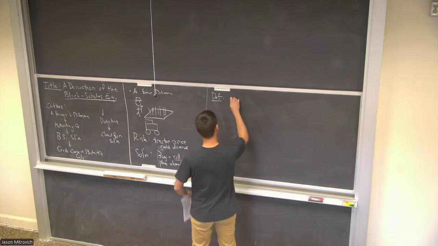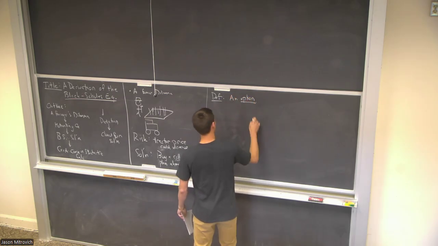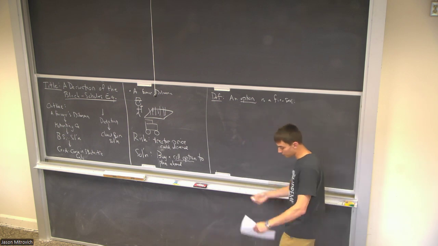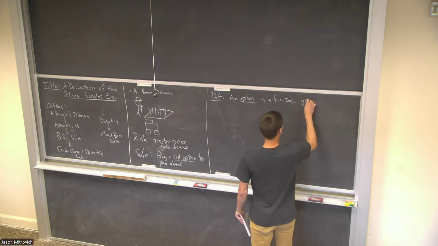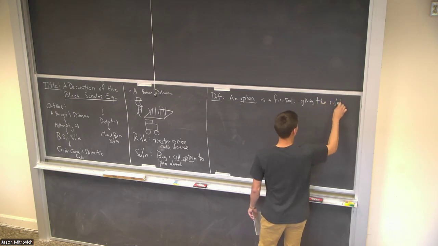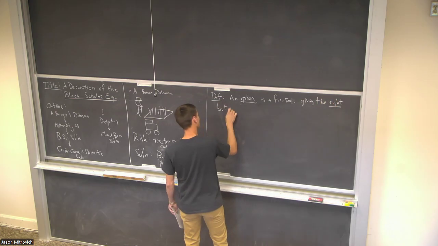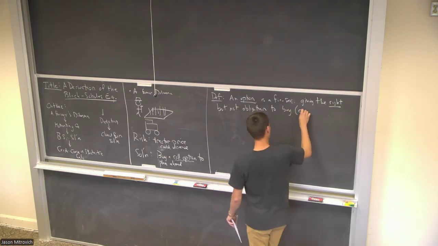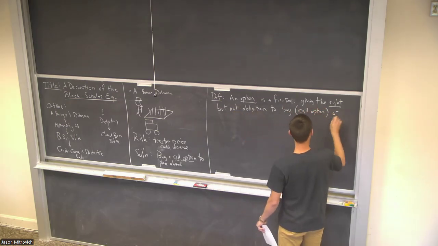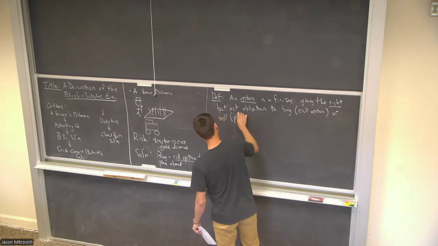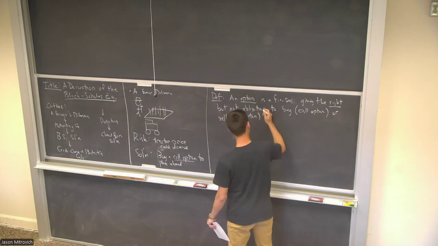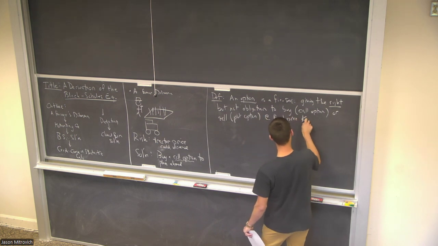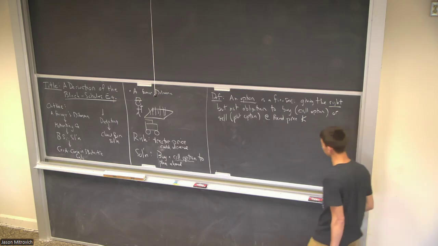So an option more generally is a financial security, often thought of as a contract, giving the right, but not the obligation, to buy, which is called a call option, or sell, which is called a put option, at a fixed price, which I will call K for the entire talk. So K is the fixed price, it'll be completely constant throughout the talk.